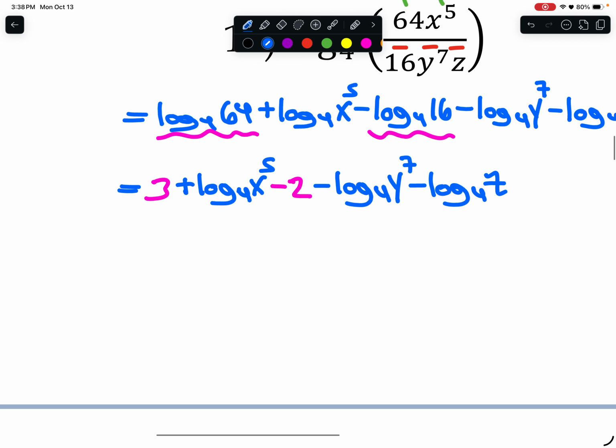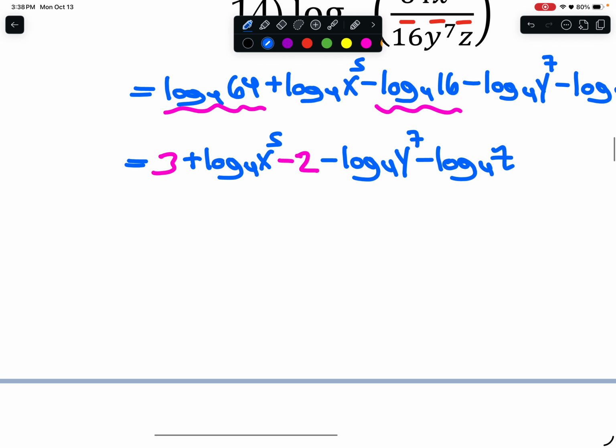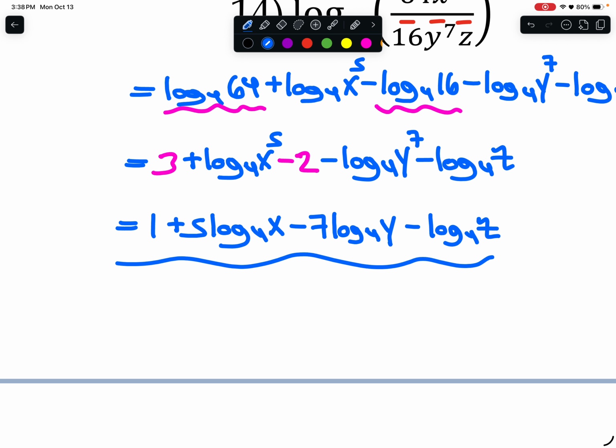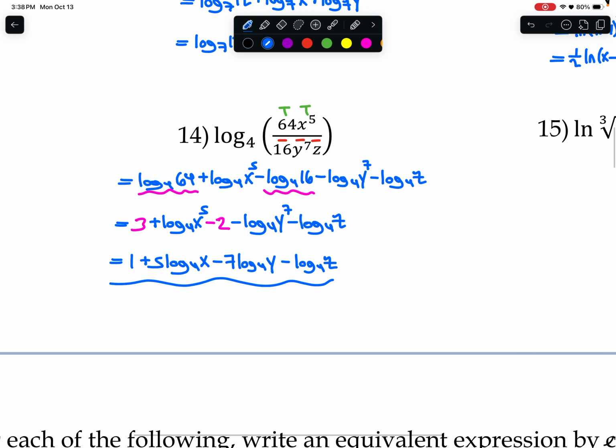So now we're going to combine like terms and then do power property. So 3 minus 2, which is just going to give me 1, and then I'm going to do power property with all these. So 1 plus 5 log base 4 of x minus 7 log base 4 of y, and then minus log base 4 of z. So that would be your simplified form. Well, expanded form.